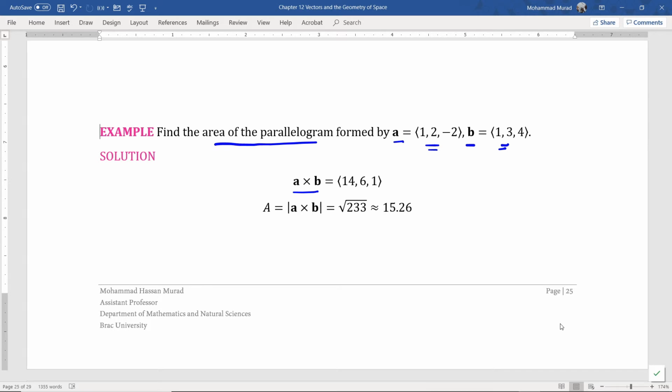So its length can be given by the positive square root of the sum of the squares of the components, which is approximately 15.26 units.